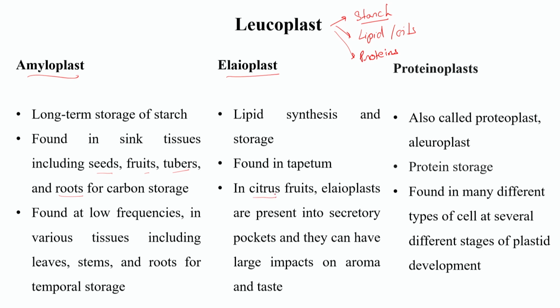The aroma or the fragrance or the taste which comes out from the citrus fruit is because its secretory glands contain a lot of plastids which store all those oils and aromatic compounds.